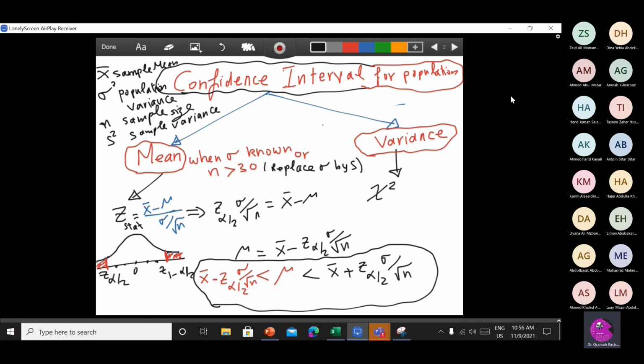And so on. So the value between the 2 critical values is the expectation of my mean, right? So I have a lower bound. This is called a lower bound.